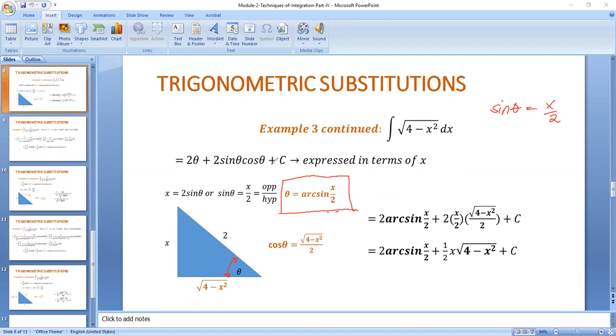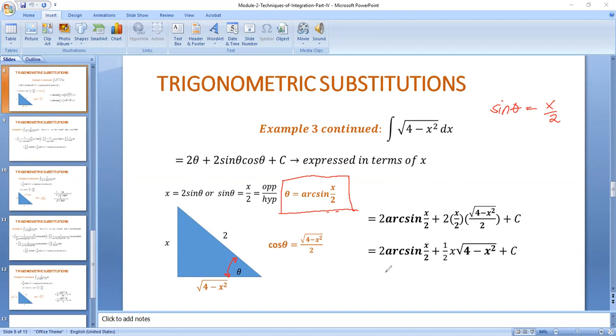As for this part here, you will have 2 times, what is the sine of theta? That's x over 2. And what is the cosine of theta? That would be the square root of 4 minus x squared over 2. So you could see here the answer. This is for 2 theta. This is for 2 sine theta, cosine theta, plus c.